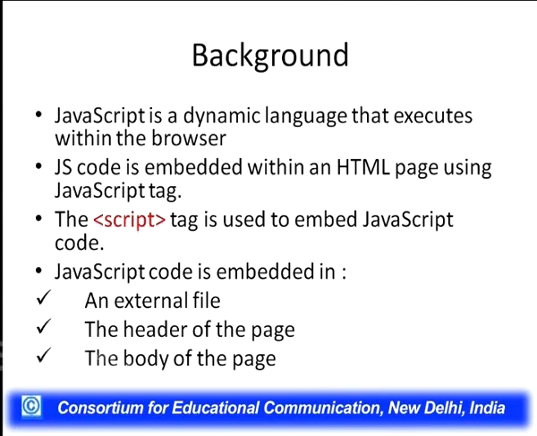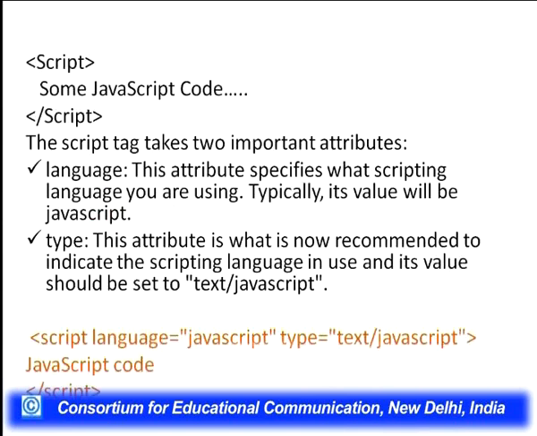The most popular and easiest way is through the header of the page, so you insert your script element in the header of your HTML page, or you can do that in the body of the page. The more popular approaches are using the JavaScript in the head or within the body of your HTML page.